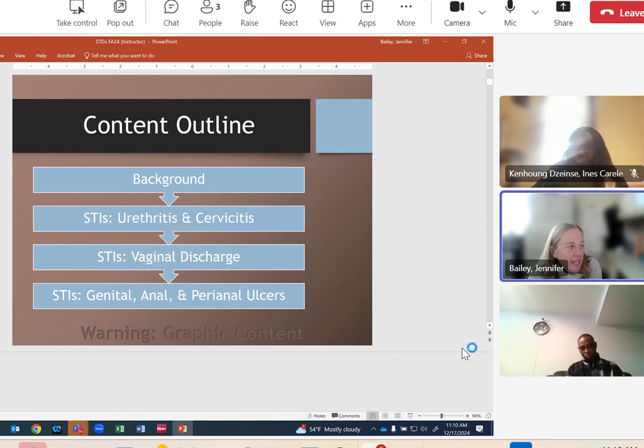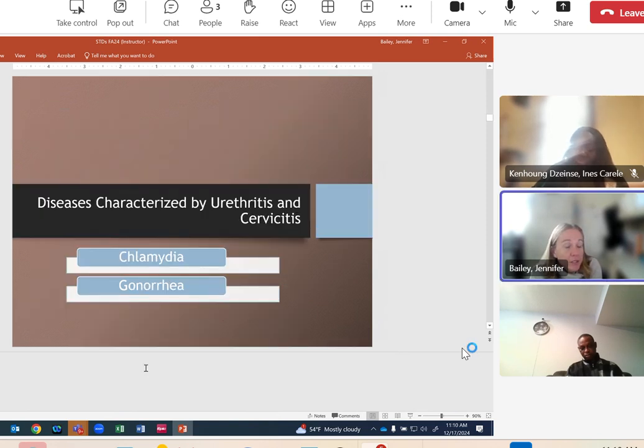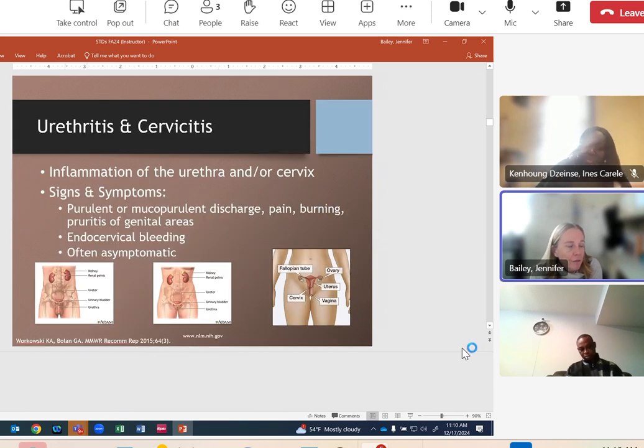Urethritis and cervicitis, the 2 that we focused on were chlamydia and gonorrhea. So these are some of the signs and symptoms. A patient cannot see that their urethra or their cervix is inflamed, but these are some of the signs or symptoms that they may experience.